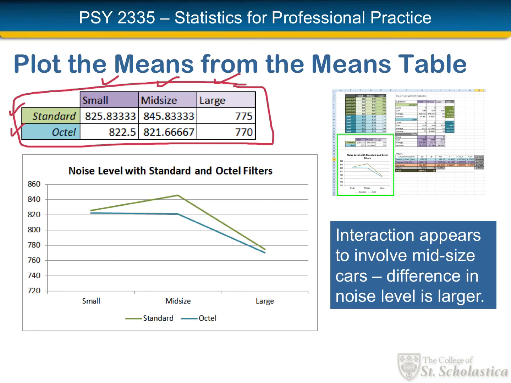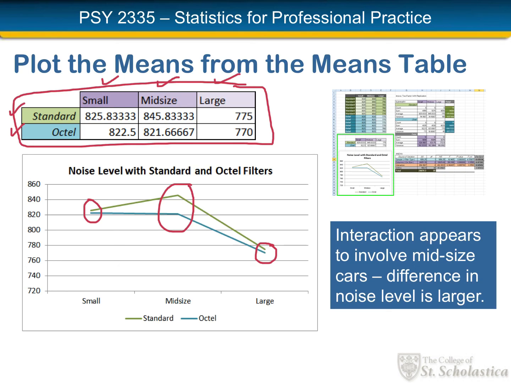And this lets me see that for small cars, the octal filter was slightly quieter, but not by very much. And for large cars, the octal filter was slightly quieter, but not by very much. The interaction is showing up in the mid-size cars. In this group, the octal filter was quite a bit quieter than the standard filter was.